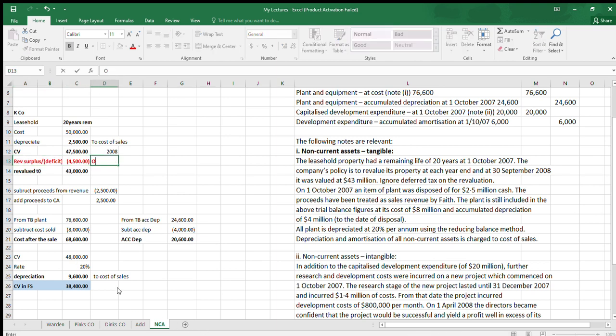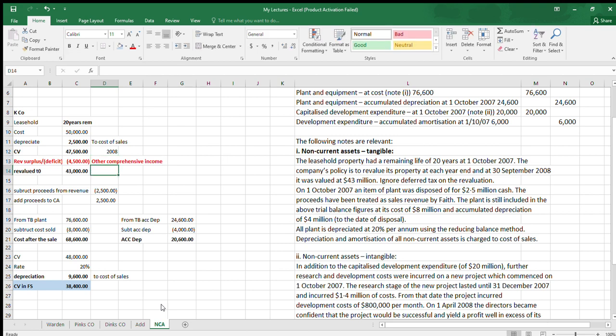And this revaluation surplus or deficit, it will always go to the other comprehensive income. Other comprehensive income, whether revaluation surplus or deficit, that is where it will go.